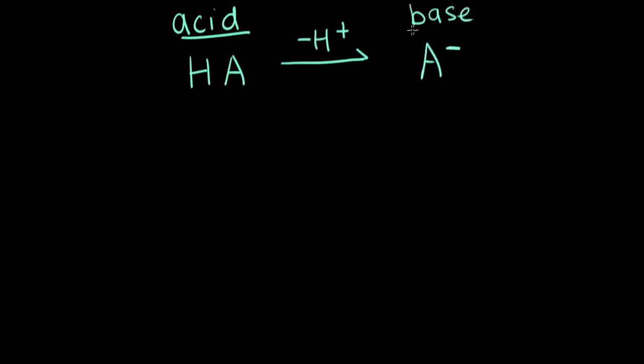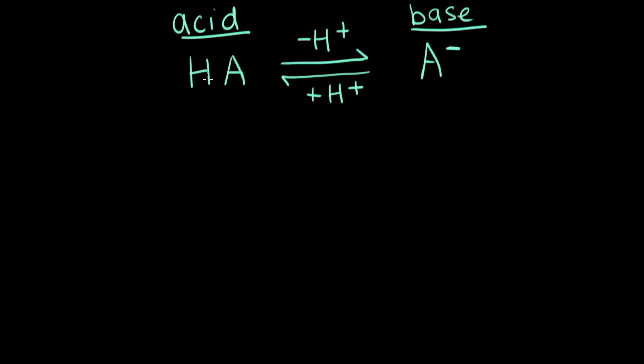In the reverse reaction, our base, A-, can gain a proton and remake our acid, or conjugate acid. So whenever you have two species that have basically the same formula, which we abbreviated here as A-, except one has an H+ and one doesn't, then you know you have a conjugate acid-base pair.